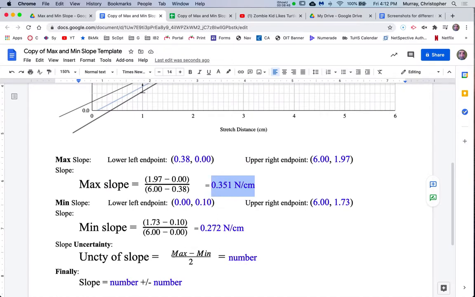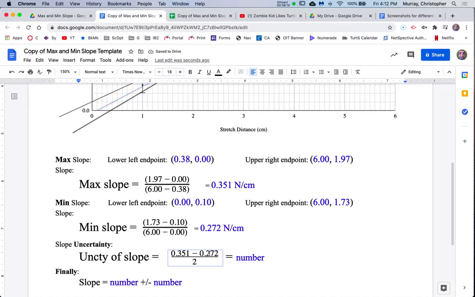And now all we have to do is go max minus min divided by 2, right? So let's see. No, that didn't do it. This is kind of twitchy. Oh, there we go. Okay. So our maximum is 0.351. Now I'm going to use the unrounded value in my calculator. And then 0.272.